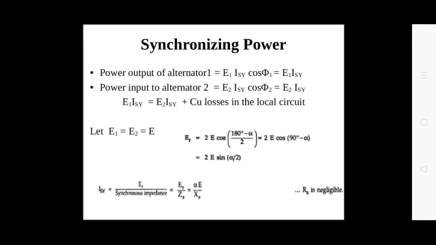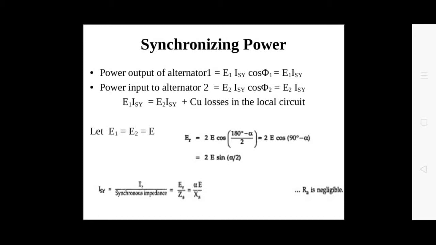Now the power output of alternator 1 supplies the power input to alternator 2 and the copper losses in the local path formed by the armatures of the two alternators. Therefore, power output of alternator 1 equals E1 ISY cos phi 1.